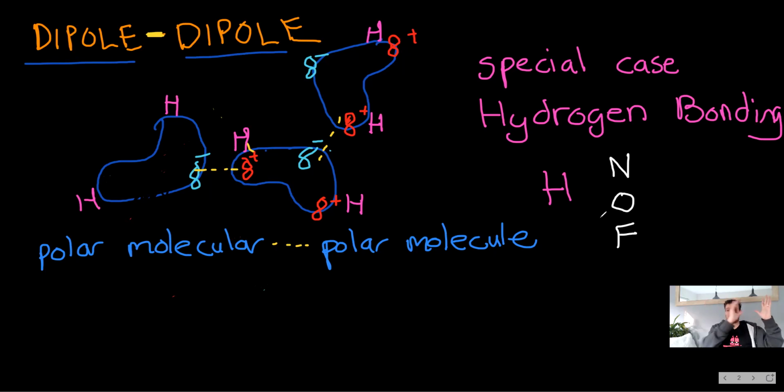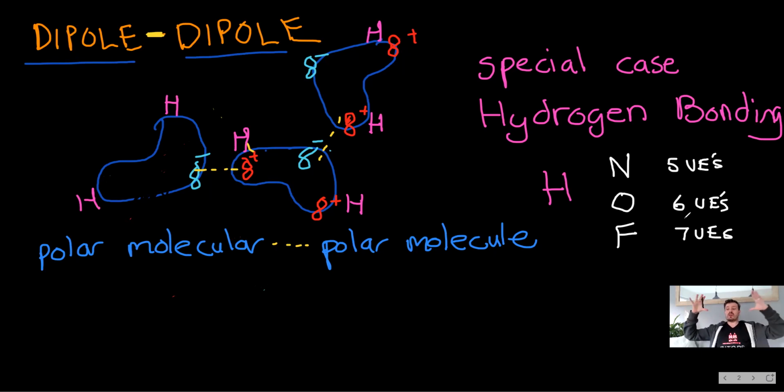Now, when we look at that periodic table, the nitrogen has 5 valence electrons, the oxygen has 6, and the fluorine has 7. Right? So let's do the valence electrons here: 5 valence electrons, 6 valence electrons, and 7 valence electrons.